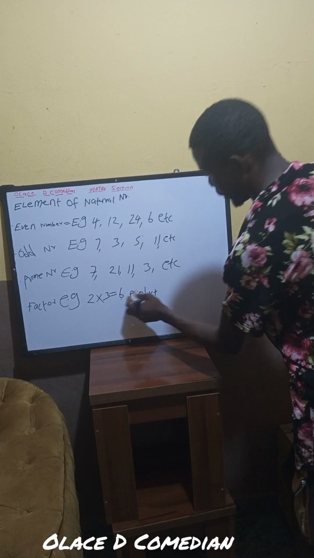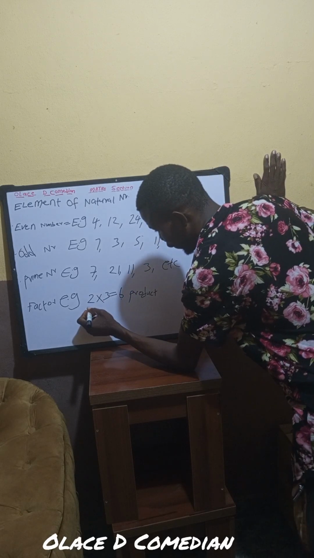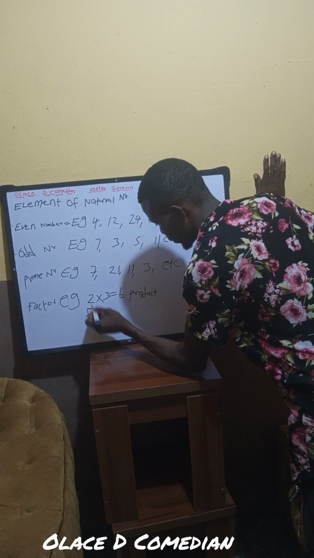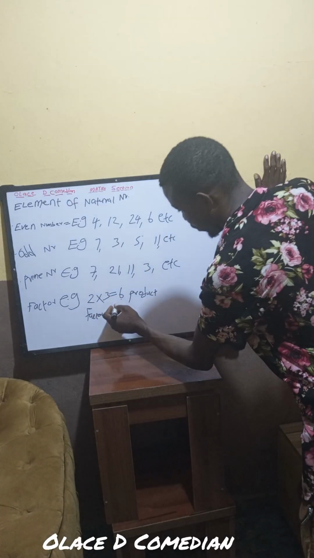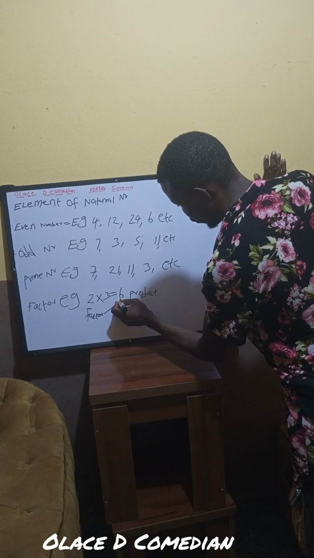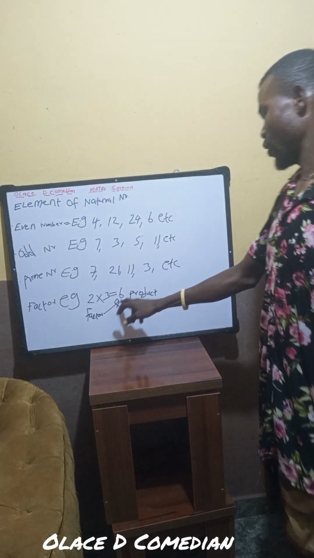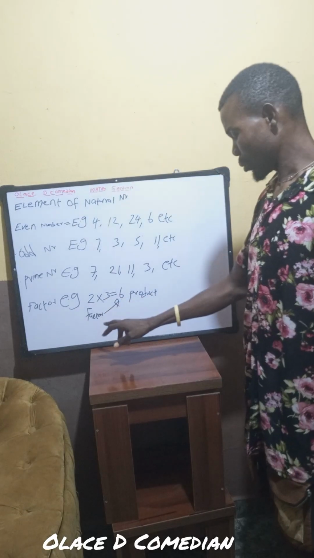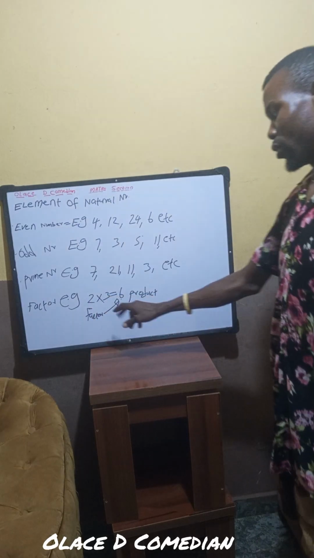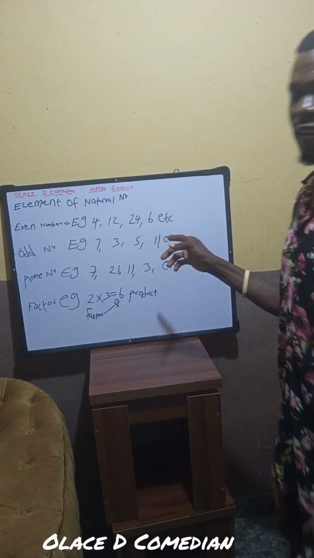So 2 and 3 are factors of 6. You get? This is how we get factors. 2 and 3 are factors of 6.